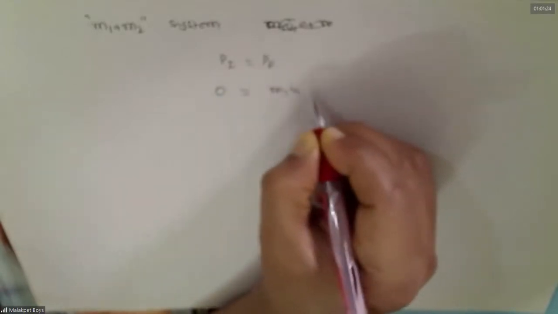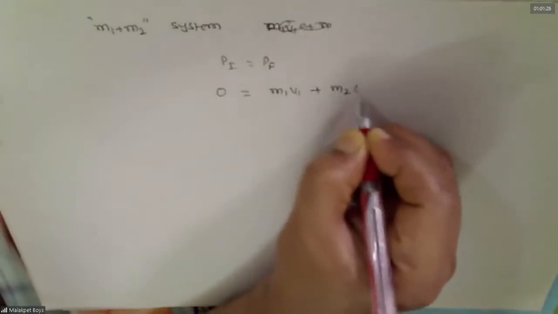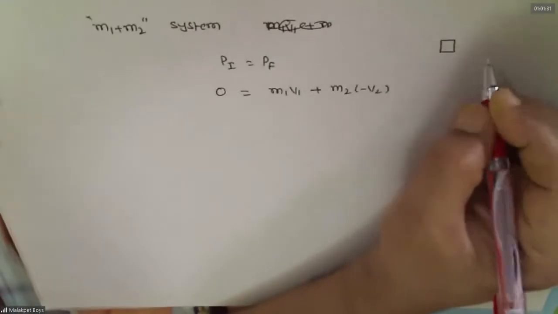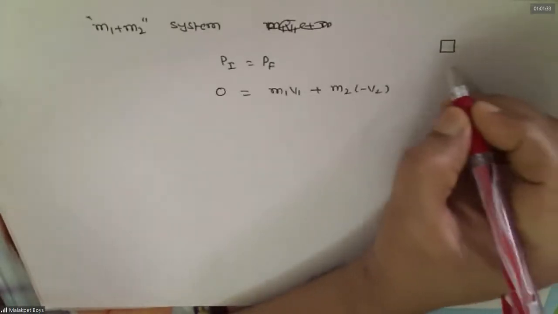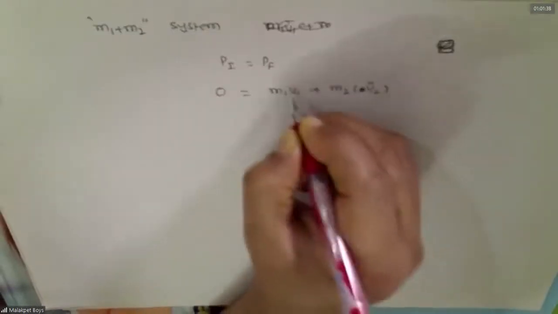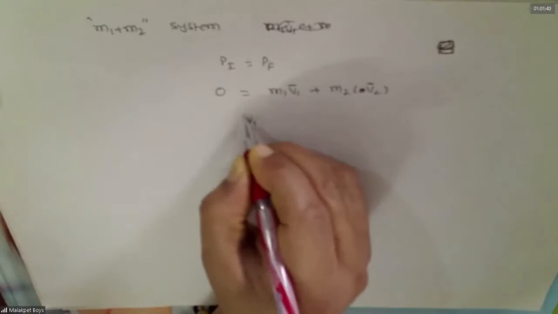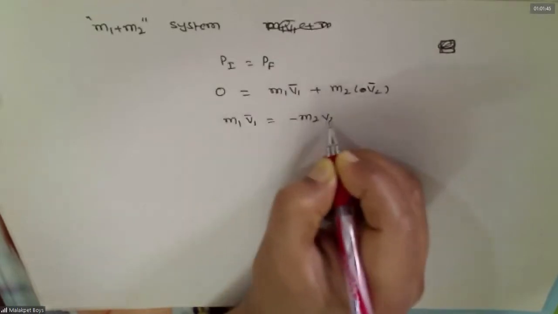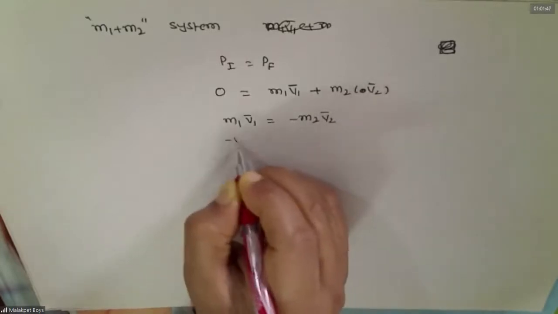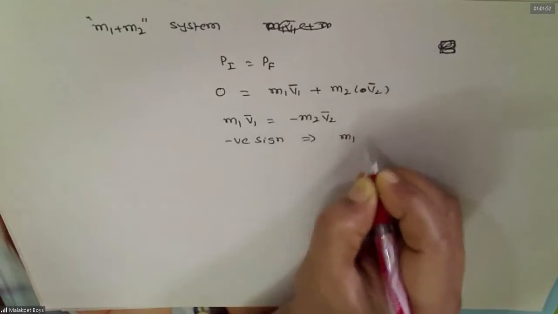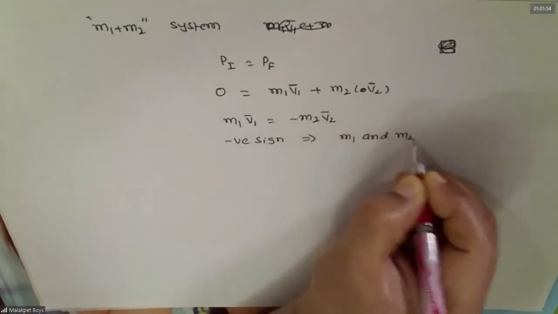Finally, they move in opposite directions. Remember this? They move in opposite directions due to spring force. Agreed. Suppose if you don't know this, you just keep it like this, no problem. So M1 V1 minus M2 V2 bar, negative sign indicates that M1 and M2 move in opposite directions.